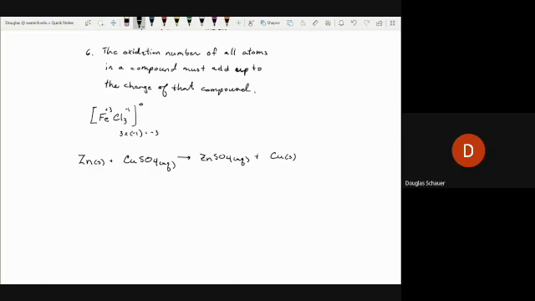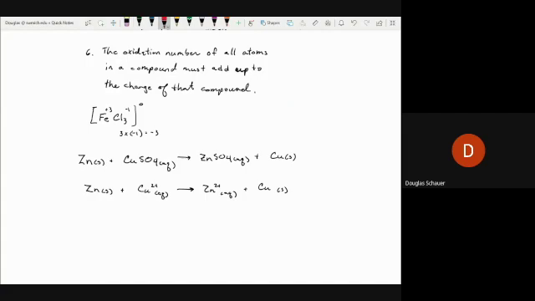Okay, so if we look at this reaction, the first thing we're going to do here is turn this into the net ionic equation. Okay, and that works out to look like this. Okay, so we can see that oops, that shouldn't be a +2, that should be a 0.